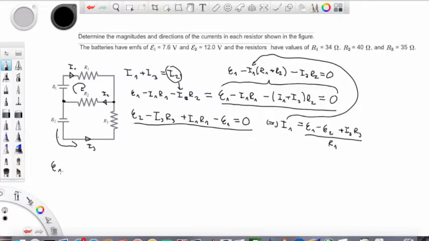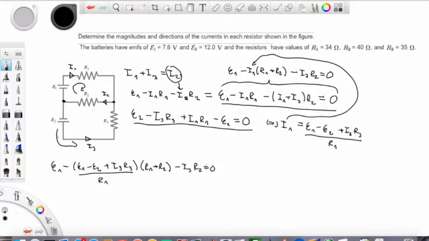So we got E1 minus this whole thing, E1 minus E2 plus I3 R3 divided by R1, then this term R1 plus R2, and finally minus I3 R2, this equals 0.